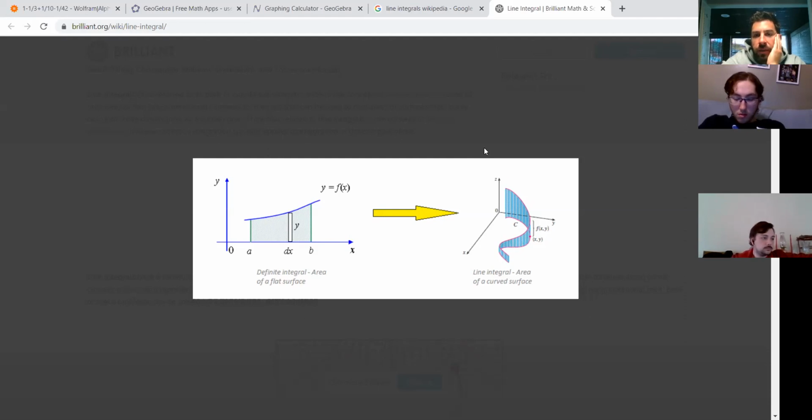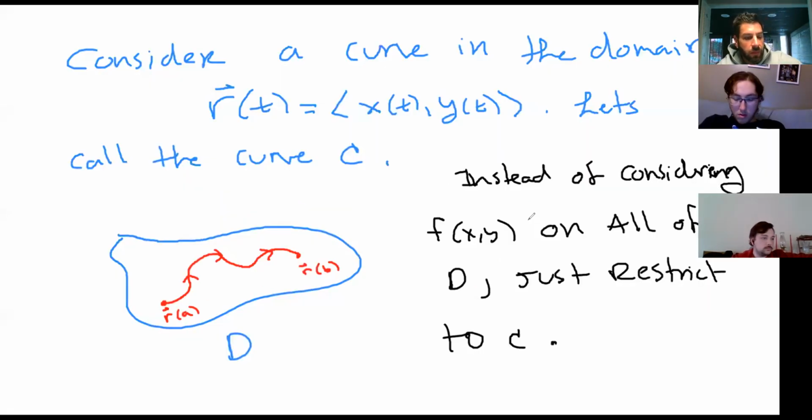Well, the strategy is very much the same as how we've done integrals in the past. We build a Riemann sum. Okay, so what's the standard procedure?